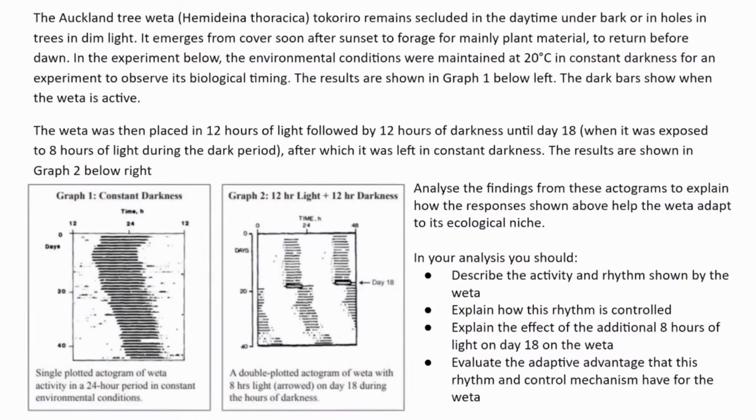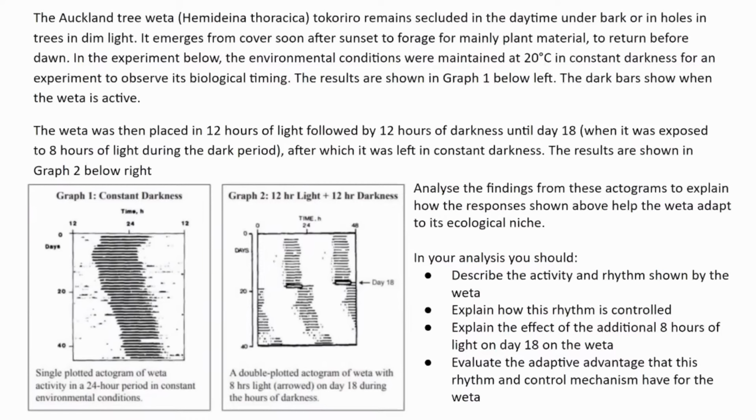So once again, if we look at the framework of our question, it follows that what, how, and adaptive advantage. So what is the activity that we're looking at? Well, we're looking at a circadian rhythm, okay, and it's nocturnal.